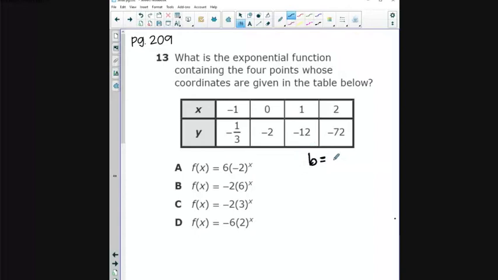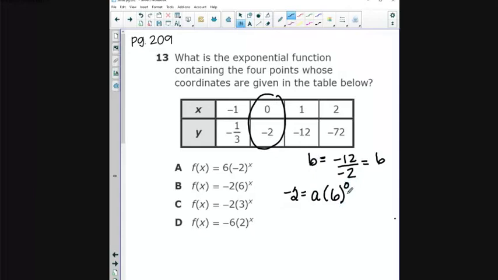And so, for example, you can do -12 over -2. And that gives you B, which is 6. And then, of course, you pick a point. Let's say we pick this one, plug it in, and then you can find your equation. You can find A. So I would say -2 equals A times 6 to the 0 power.